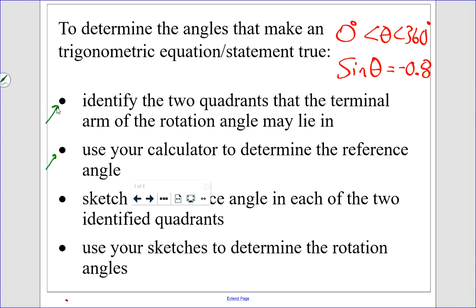And if you look at the example I've made up, I've said sine of theta is negative 0.8. So which two quadrants will sine of theta be negative? Down here in 3 and 4, and if you're watching on video, you can't see my arm gestures, you'll have to figure it out. In quadrant 3 and 4 is where y is negative and y is related to sine. So that's one of the things you do. You say, well, okay, we're dealing with quadrant 3 and 4.